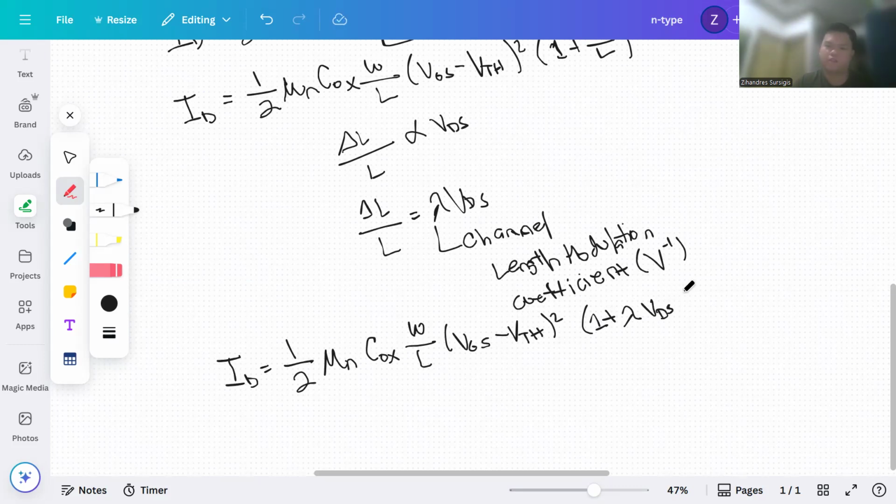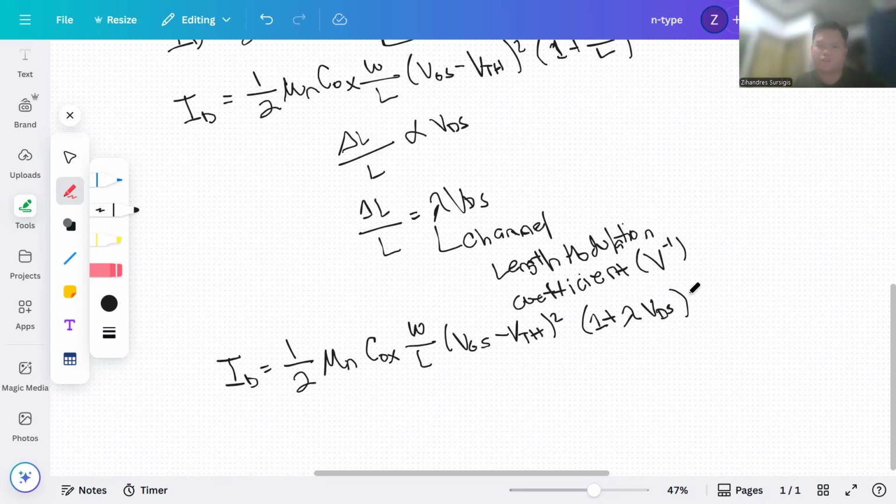So basically, itong 1 plus lambda VDS na to, lambda is V to the negative 1, and VDS is in terms of V. So they will just cancel each other out. Magiging constant na lang. And then 1 plus a constant is obviously a constant. So factor lang to.